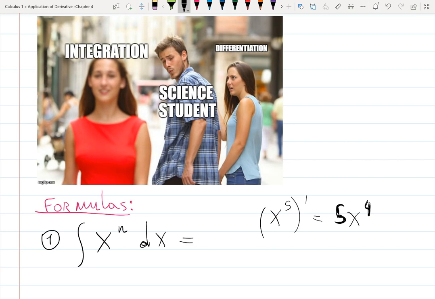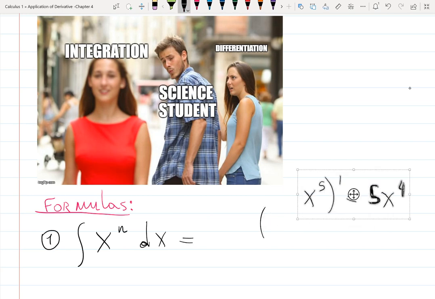If we want to undo this process, we want to undo it exactly with the same idea. So the formula will be, instead of decreasing the exponent by 1 from 5 to 4, I will increase it by 1. So it used to be n, now it's n plus 1. Instead of multiplying by 5, I will divide by whatever I just changed, n plus 1.